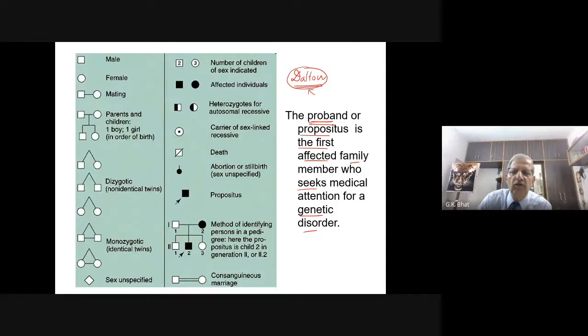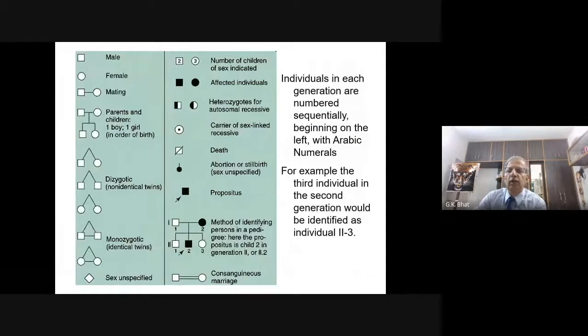Dalton was suffering from color blindness and he was proband or propositus for color blindness. Understood? Clear? Nadira, have you followed me? Namrata? Yashwant? Yes, sir. Vishwas? Vismita, are you there?